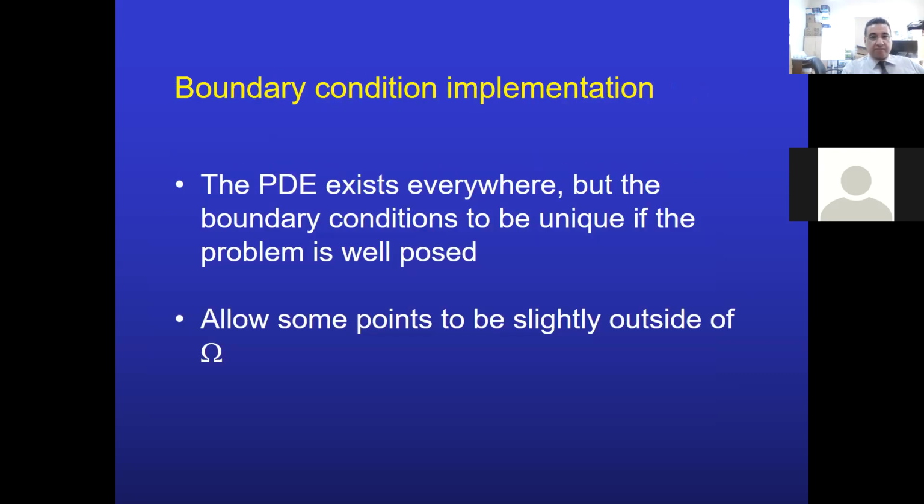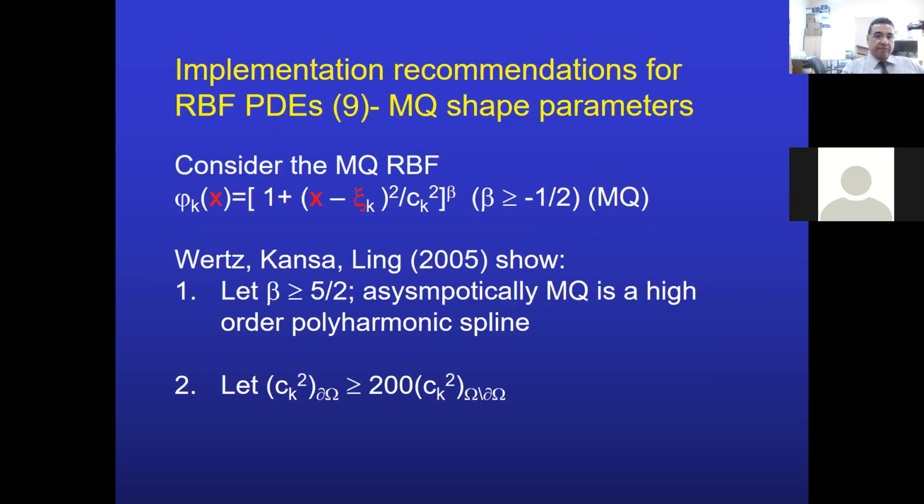Next. On the boundaries, the PDE exists everywhere over the whole universe, but the boundary conditions make the problem unique if the problem is well posed. So we can add points on the boundary that can be slightly outside of the domain omega. Next slide.